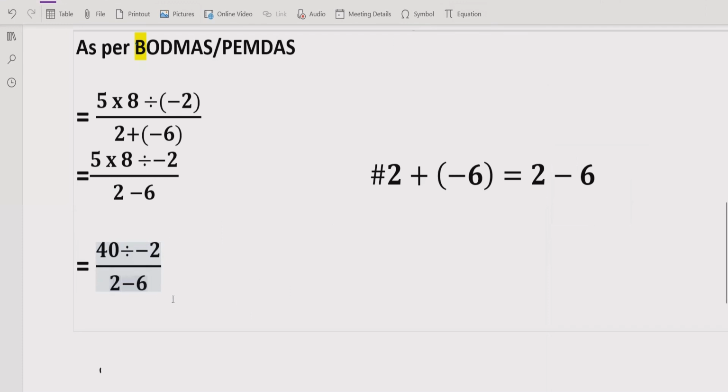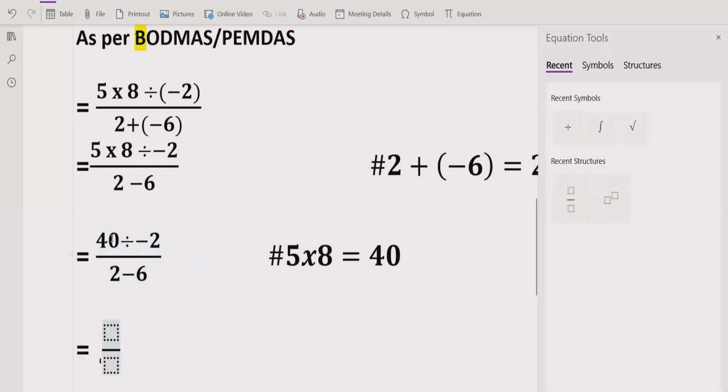Here we will give the reference: 5 multiplied by 8 equals 40. Now we will move forward and divide this part, 40 divided by -2, because now we have the division sign. 40 divided by -2 equals -20.